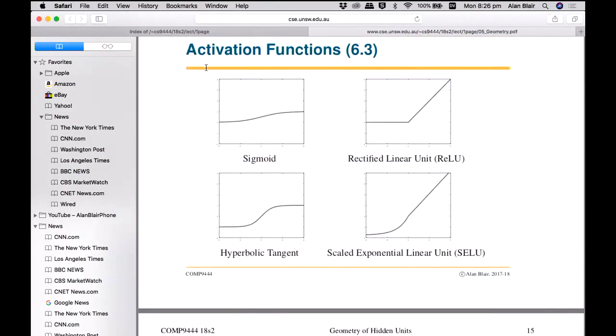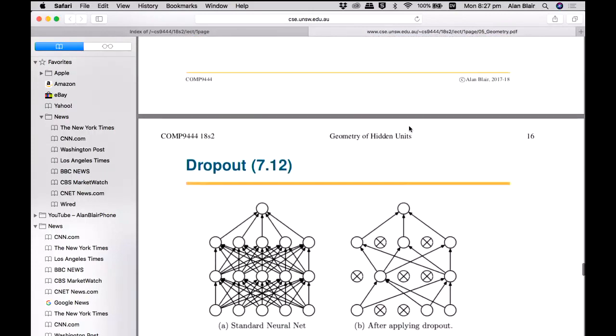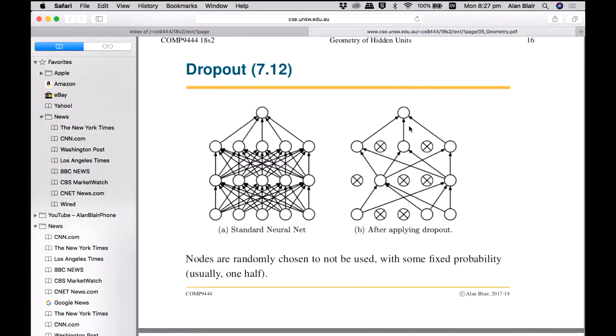I kept talking about rectified linear units, so that's what that activation function looks like. And then this dropout.